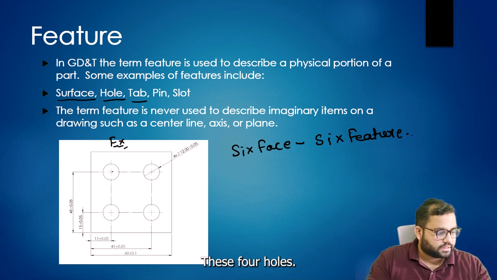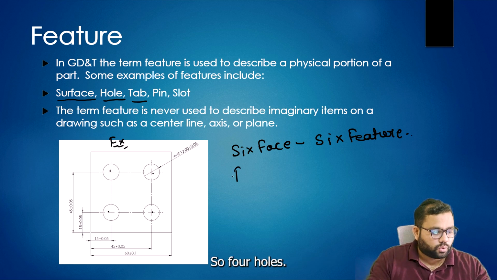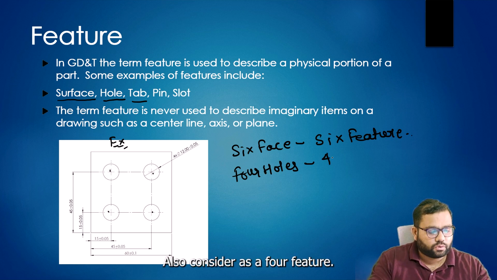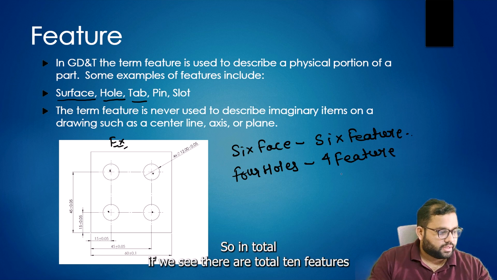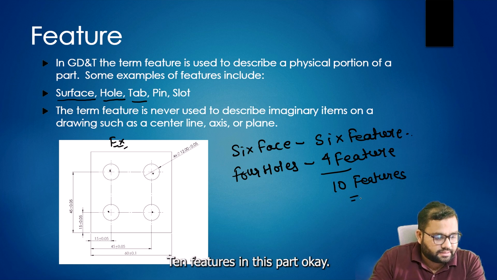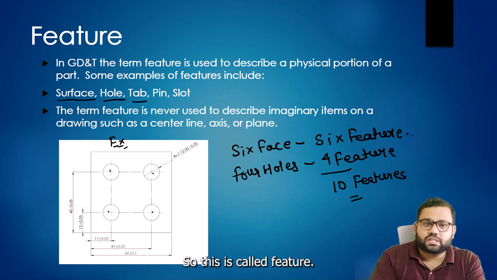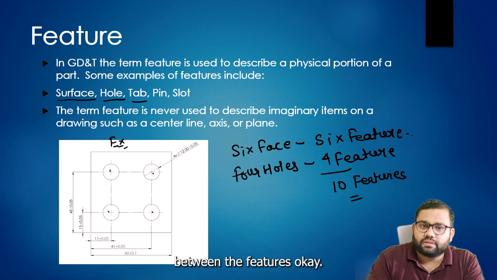The 4 holes are also considered as 4 features. So in total there are 10 features in this part. This is called a feature, and this is how we can differentiate between the features.